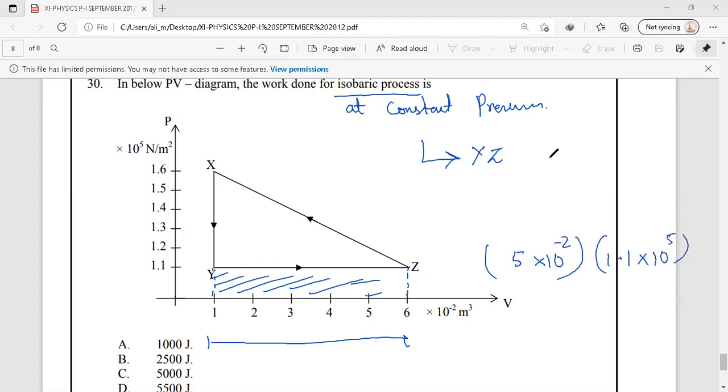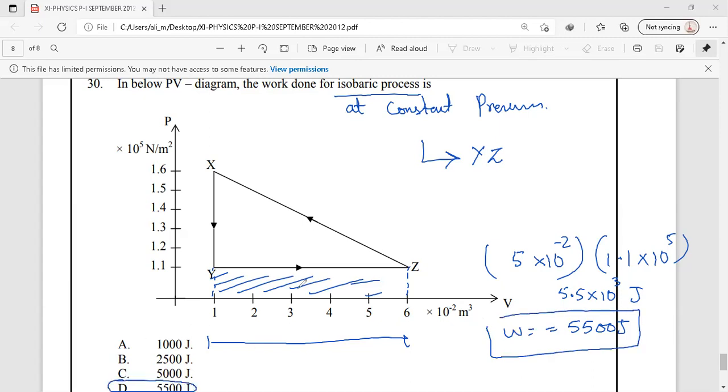The product, PΔV, will be equal to the work done. So the answer is 5.5 × 10^3 joules, which equals 5500 joules. This is the work done in this isobaric process, so option D is the right answer.